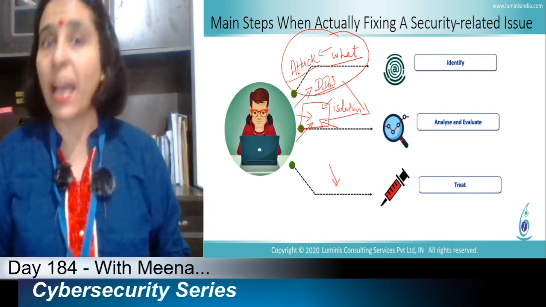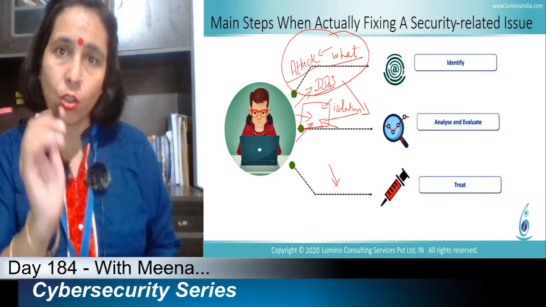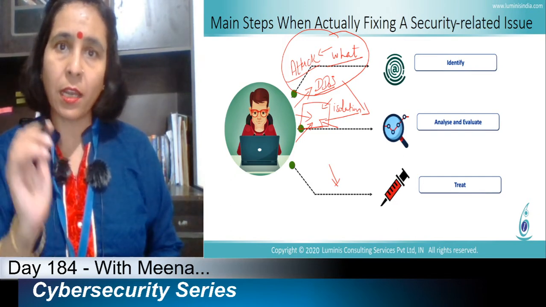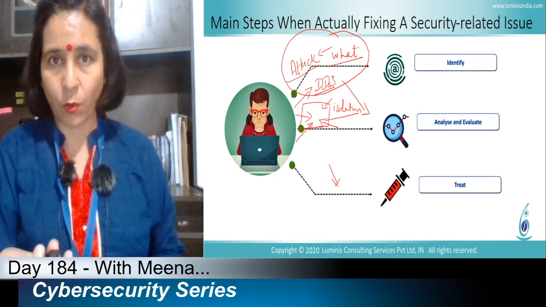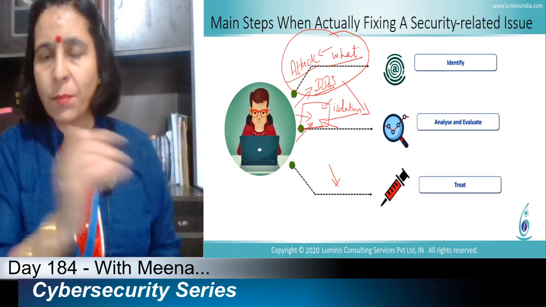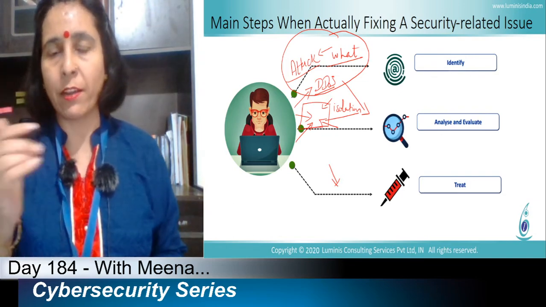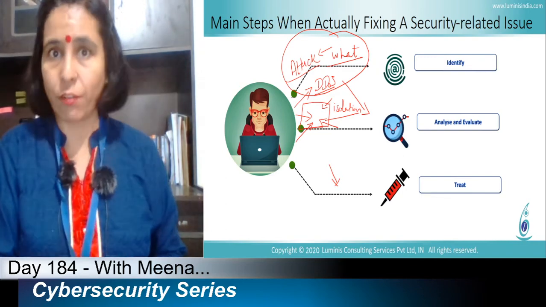Where was the gap we left, and where do we need to fill those gaps, so that we can keep our organization at work and close all the gaps for future attacks.